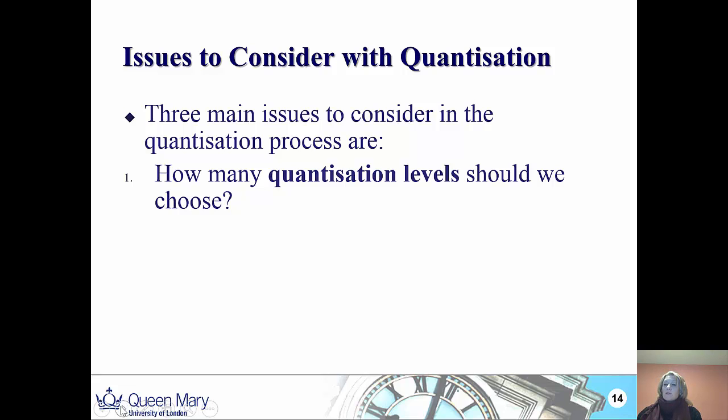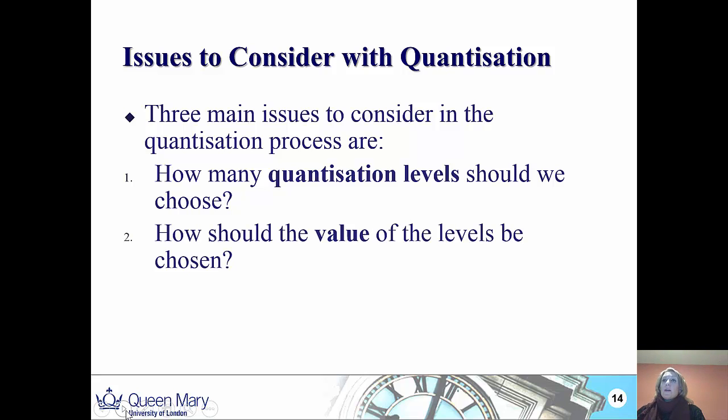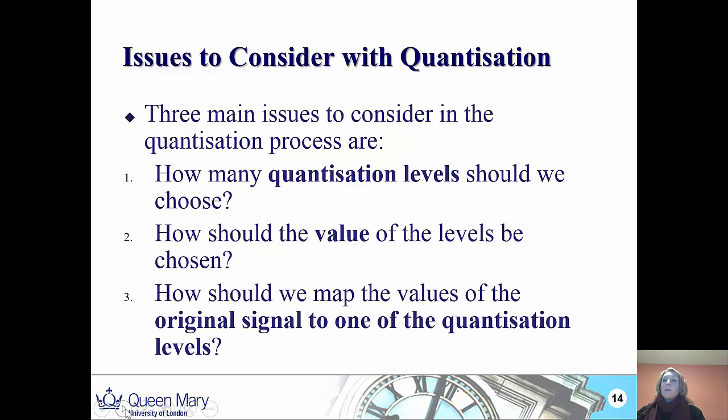So how many levels do we need in order to represent the information being communicated? How should the values of the levels be chosen? And how should we map the values of the original signal to one of the quantization levels? We'll be looking at those issues and how we can answer them in the remaining slides.